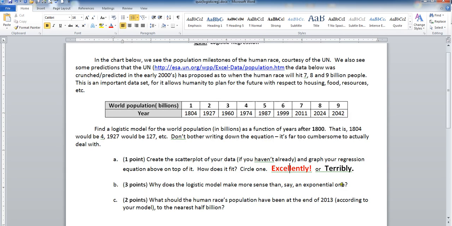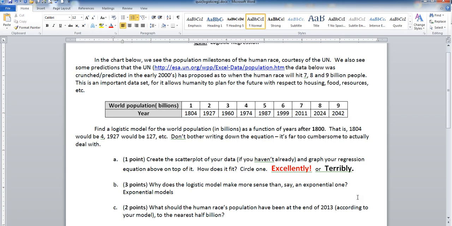Why does a logistic model make more sense than an exponential? Because exponential models grow without bound, right? Earth has bounds. And some of those bounds would be, say, resources, water, for example. Resources, water, space.